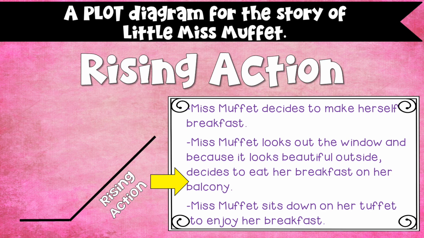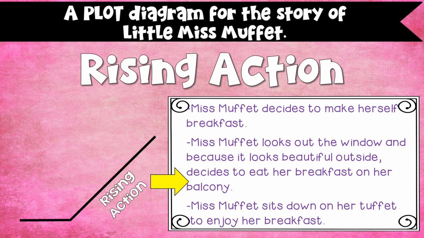Well, we know that Miss Muffet decides to make herself breakfast. Miss Muffet looks out the window, and because it looks beautiful outside, she wants to go eat her breakfast on her balcony. And then she sits down on her tuffet to enjoy her breakfast. And that is our rising action.